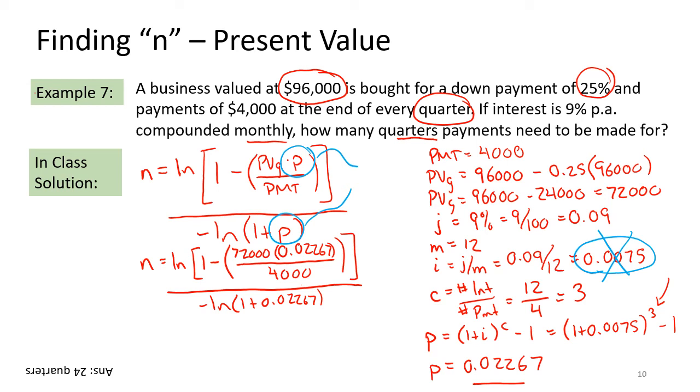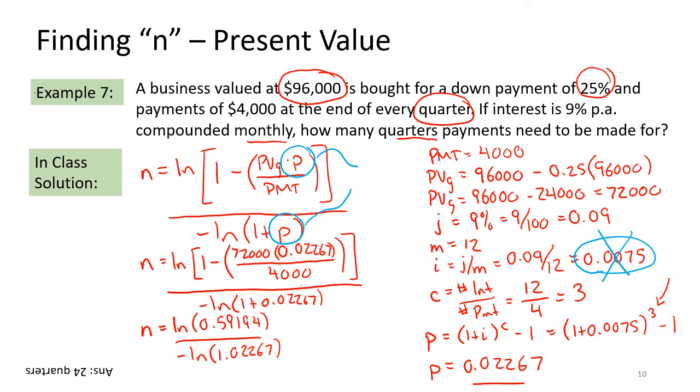All right. So continuing on with this, if you simplify this, you should get n is equal to the ln of 0.59194 divided by the negative ln of 1.02267.